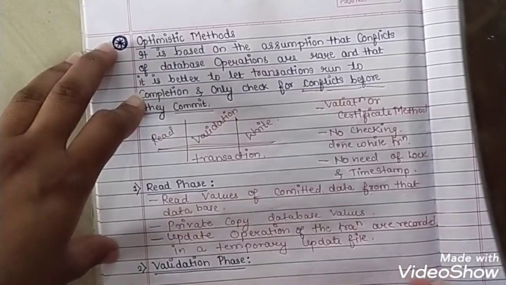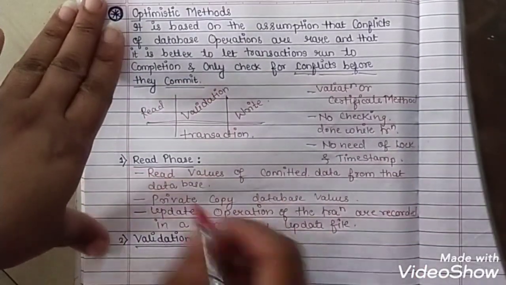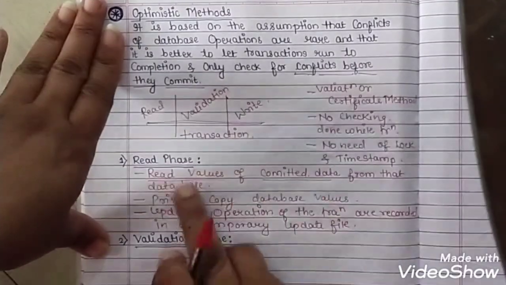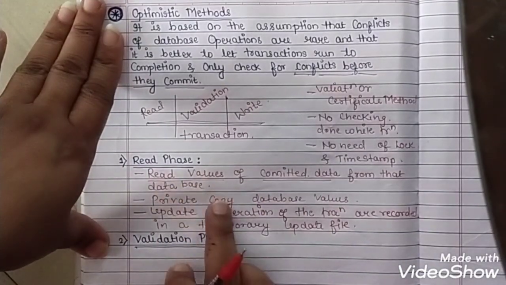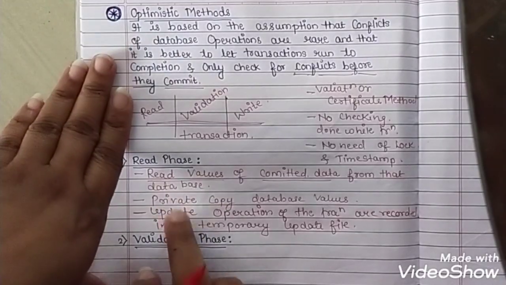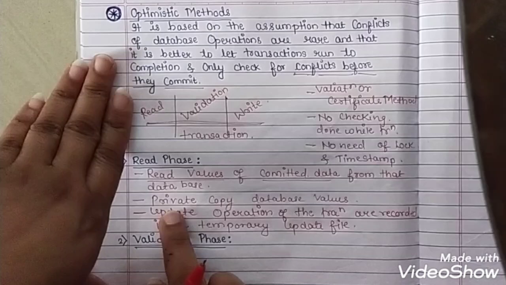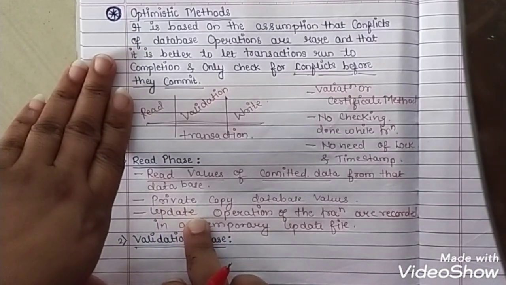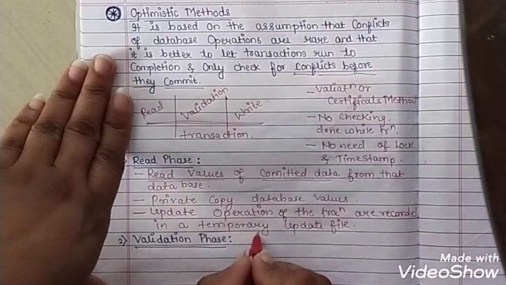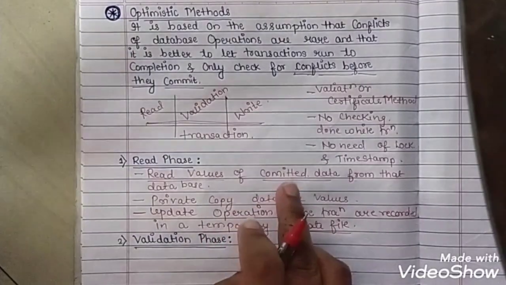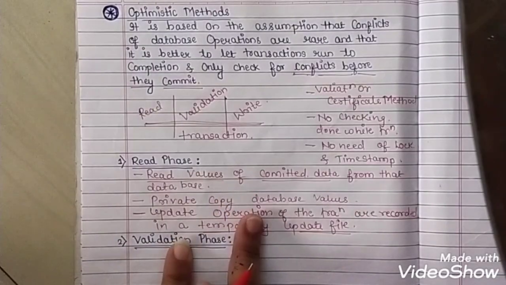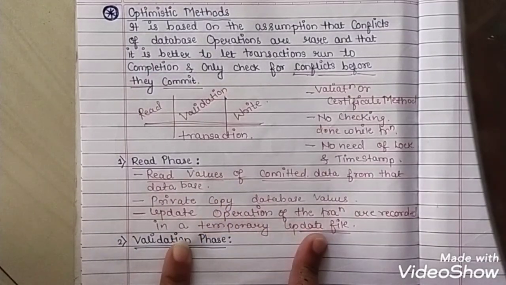So how does the read phase work? It reads the values of all the committed data. Once it reads the values, it copies that data into a private file. But any operation that updates data is stored in a temporary file. So committed data is stored in a private copy while the update operations are stored in a temporary file.